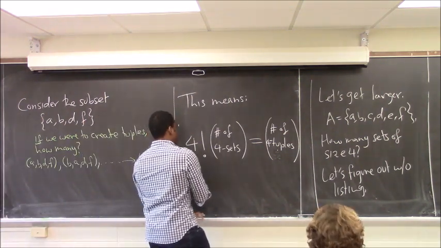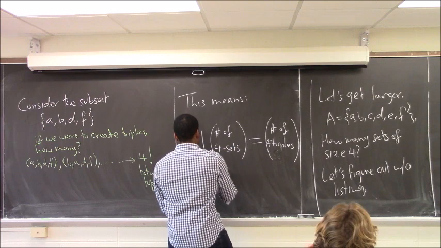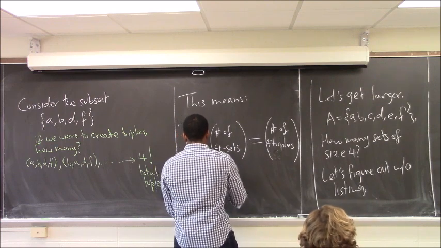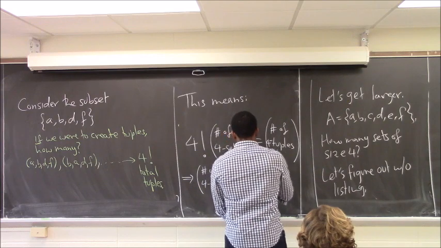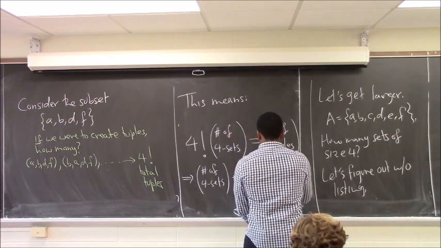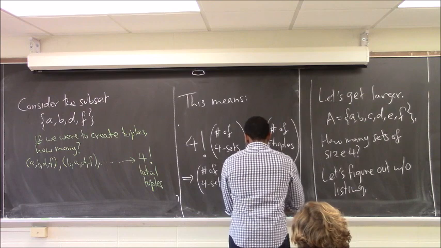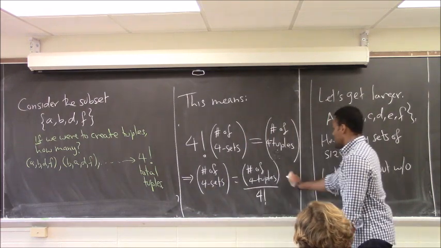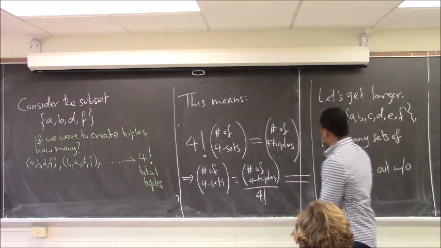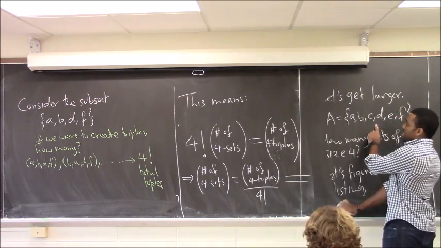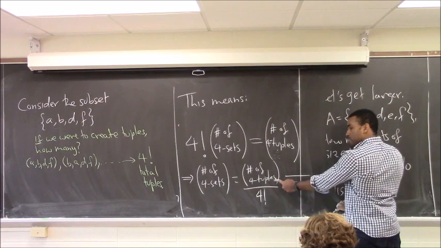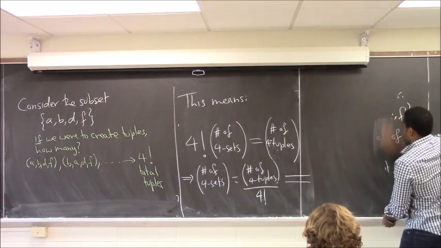So this means the number of 4 sets is going to be equal to the number of 4 tuples divided by 4 factorial. Well, what is the number of 4 tuples? That is now asking the question, if I have a set of size 6, how many tuples of size 4 can I get without repetition?